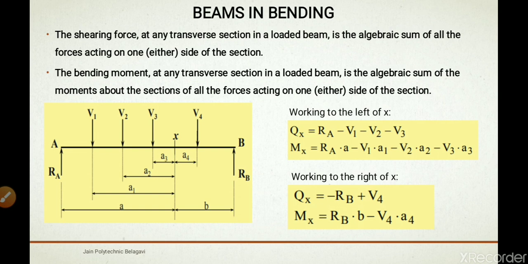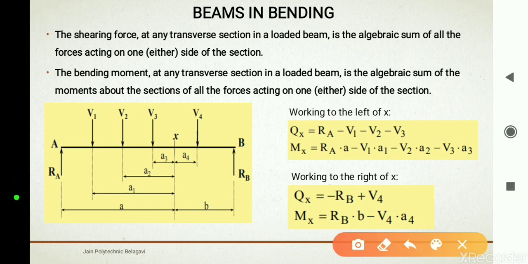So here you can see working to the left, this Qx is nothing but the shear force left of the x section. This is the x section taken vertically like this. So you can see how it is taken.